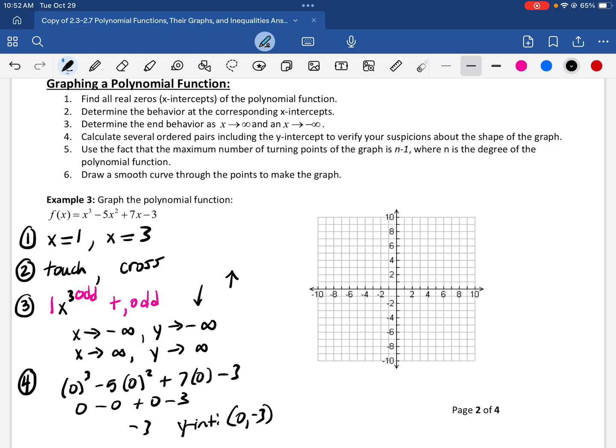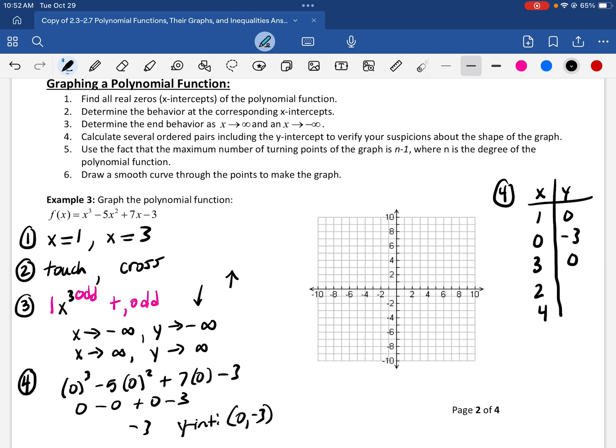Continuing with that to find some other points, making a table of values here. We've got a few already. We know that we've got an x-intercept of 1, 0. We've got a y-intercept of 0, -3. We've got another x-intercept of 3, 0. If we picked a couple of points, maybe we also try 2 and 4. I'm just choosing some other x values.